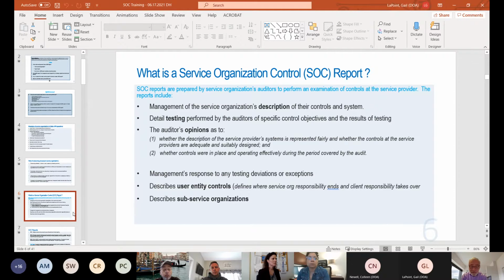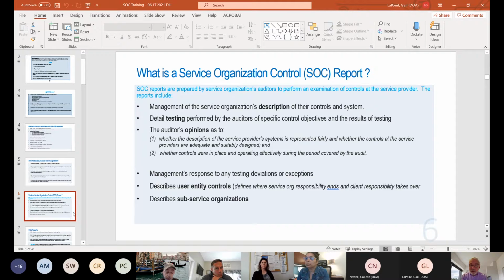And then two things that we're going to talk about today in detail. It will typically describe user entity controls, and user entity controls are when the service organization says they put a fence around where their responsibility begins and ends. So a good example that I think everybody can relate to, let's use our Medicaid example. So the MMIS processes claims, but from the MMIS perspective, they have no responsibility for determining eligibility for the Medicaid program.